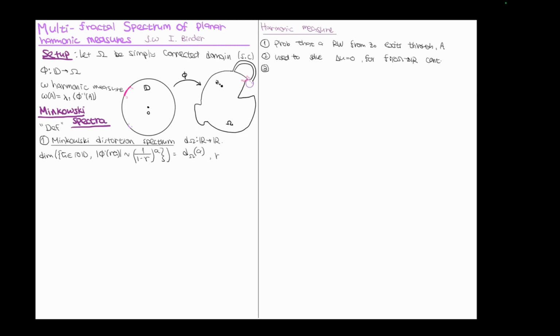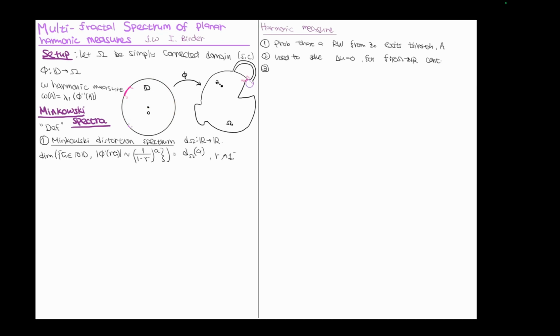You should think of r as growing to 1. So what do we do here? We fix a direction on the unit disk, on the boundary, and then we look at the line connecting the origin with this angle, and we look at how the derivative behaves along this line as we grow nearer and nearer to the boundary.